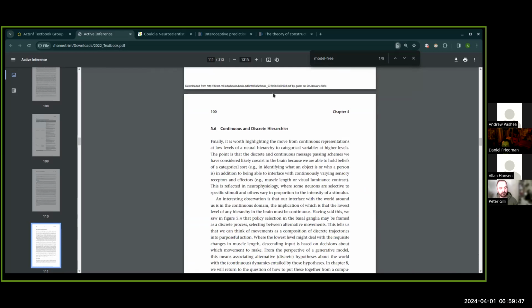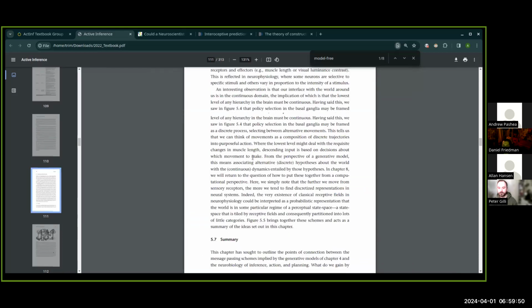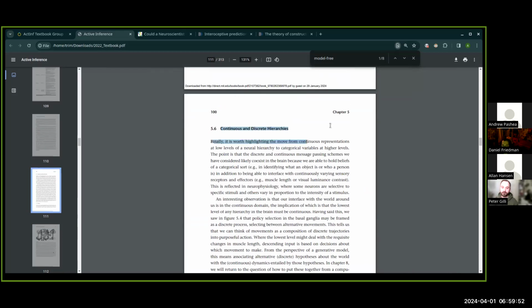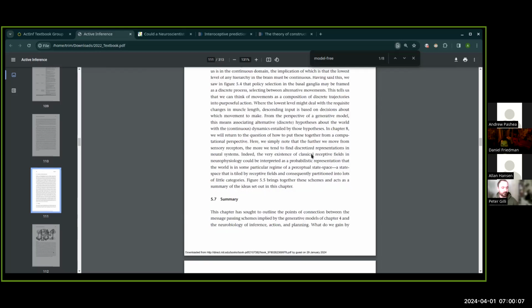And then they allude to the favorite synthesis topic of this textbook, which is continuous and discrete hierarchies coming together. Like every chapter, it comes up.